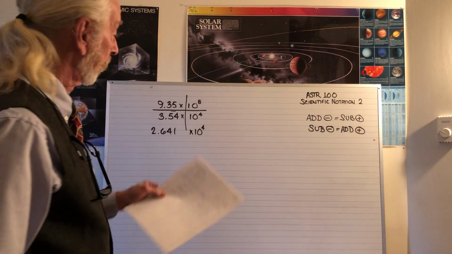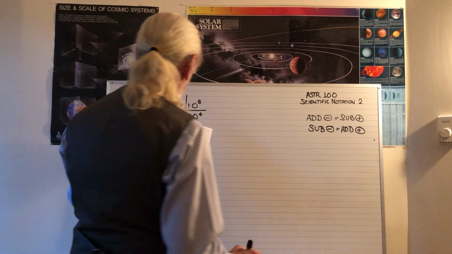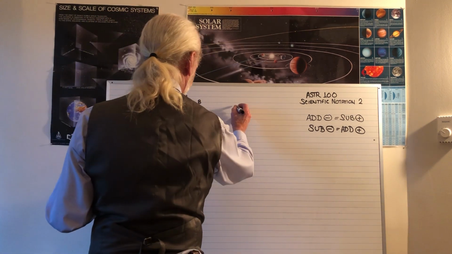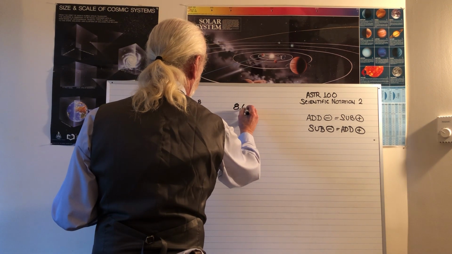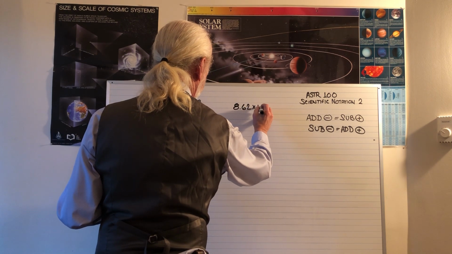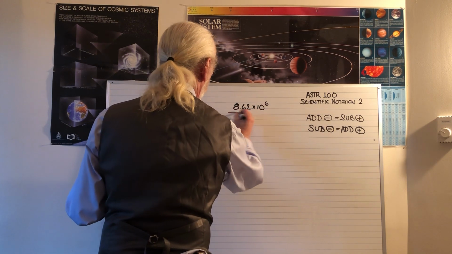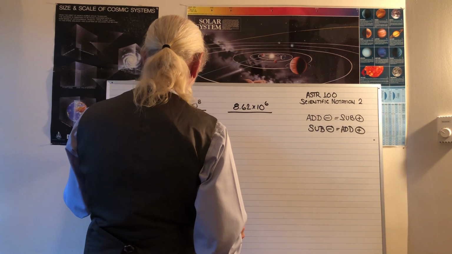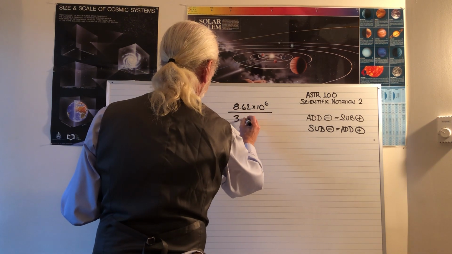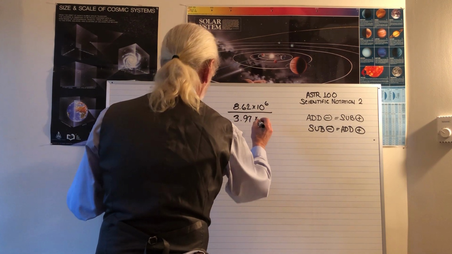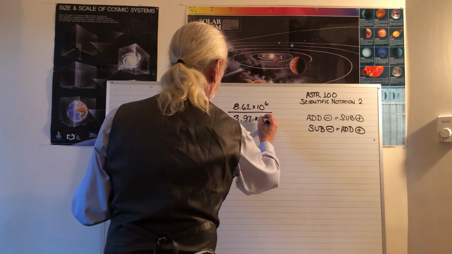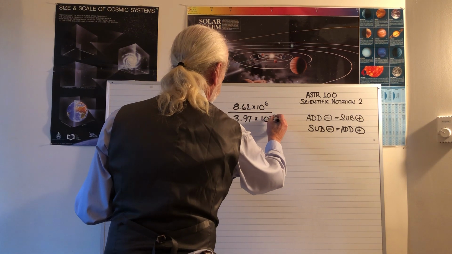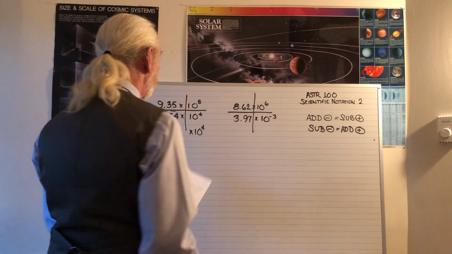All right. Next example. 8.62 times 10 to the 6th over 3.97 times 10 to the negative 3. Stack them, split them.